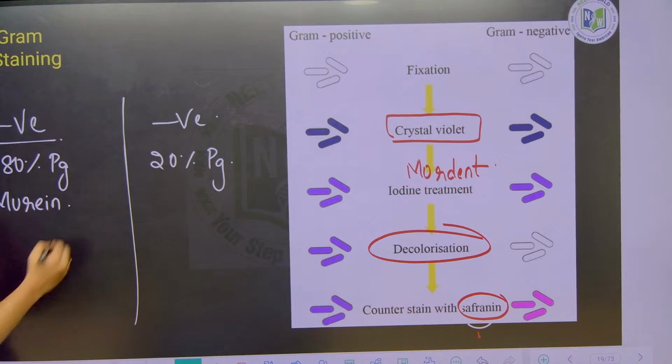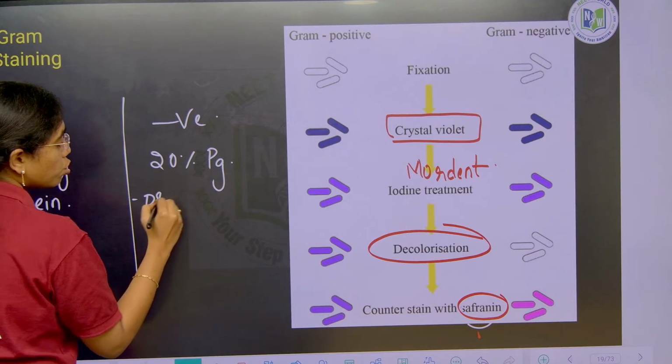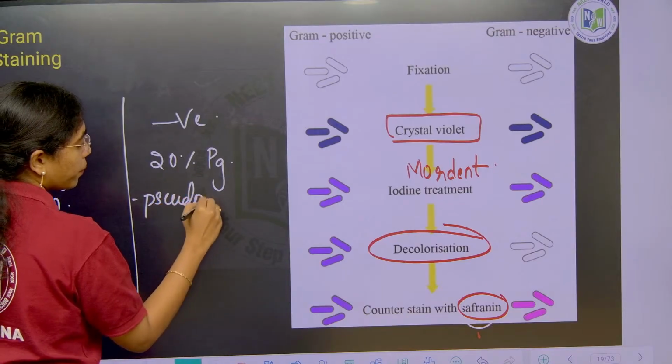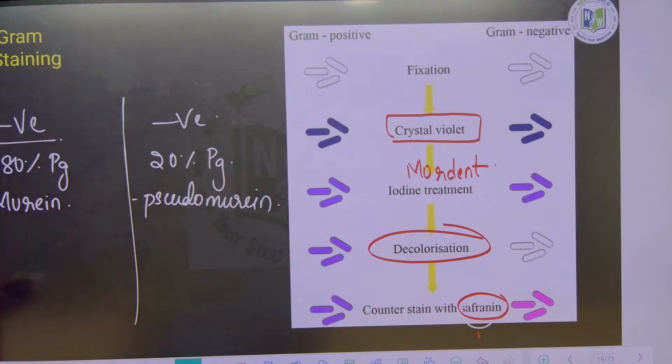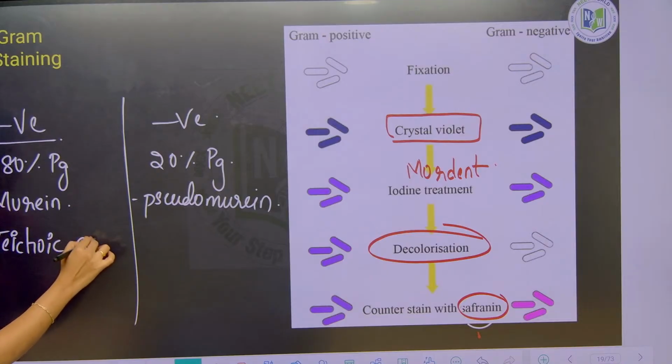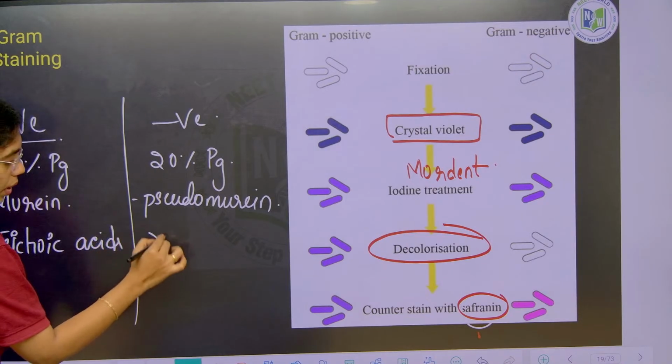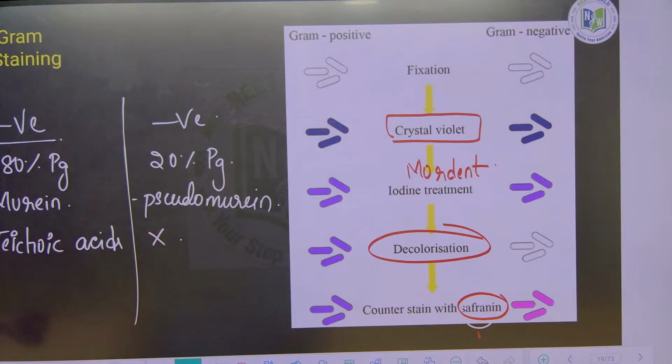Whereas gram negative bacteria consist of pseudomurein. Gram positive bacteria also consist of teichoic acids. Here teichoic acids are absent.